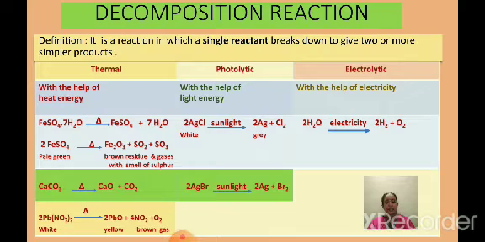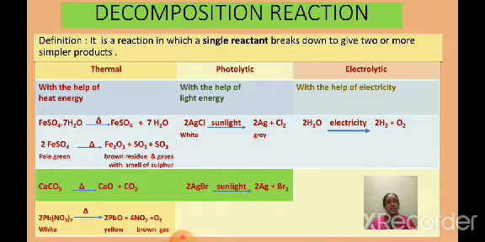White lead nitrate changes to yellow due to the formation of lead oxide. Lead oxide is the solid product obtained, and which are the gases evolved? Nitrogen dioxide and oxygen. But you know that oxygen is colorless and odorless. The brown gas is due to the evolution of nitrogen dioxide gas.